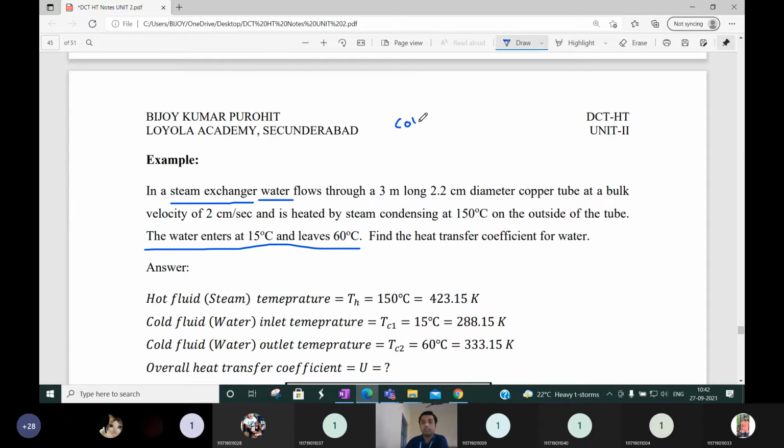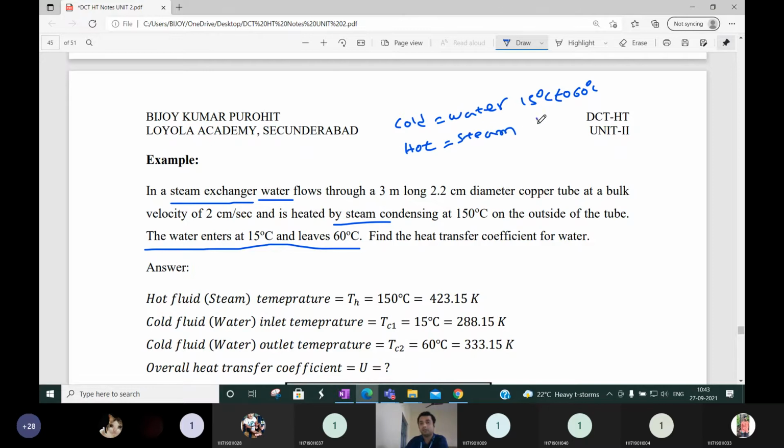Here the cold fluid is water, because the cold fluid temperature is increasing from 15 to 60 degrees centigrade. Why? Because it acquires heat from the hot fluid. So what is the hot fluid here? The hot fluid is the steam, and it is condensing.